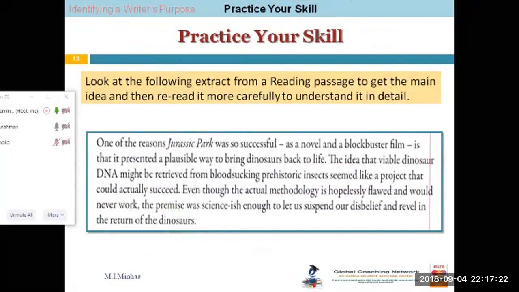The idea that viable dinosaur DNA might be retrieved from blood-sucking prehistoric insects seemed like a project that could actually succeed. Even though the actual methodology is hopelessly flawed and would never work, the premise was scientific enough to let us suspend our disbelief and revel in the return of the dinosaurs.